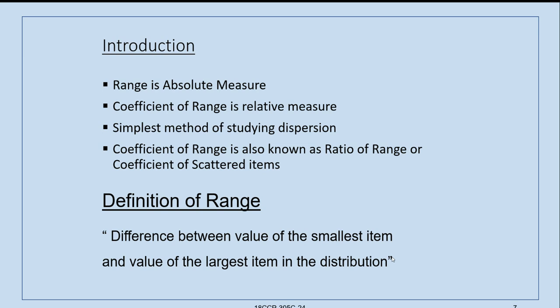That means highest value minus lowest value, to be very simple. The highest value of the item minus lowest value. So this will give the range, absolute value range.